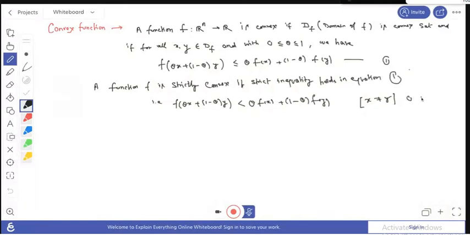So here your theta is strictly between 0 and 1.